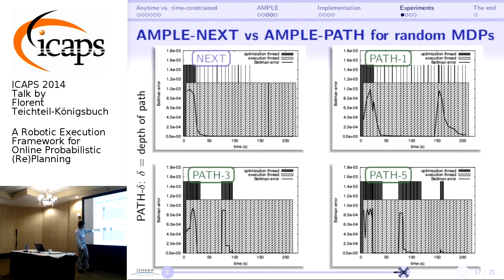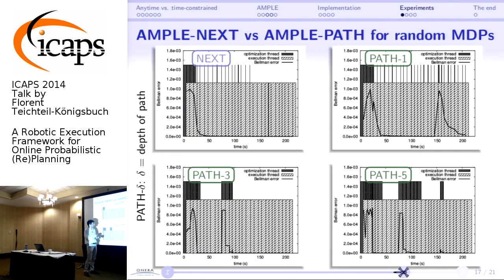Here, the number indicates the depth of the path. For path 1 here, we see that we have to replan again because it was quite short, and the chance of entering a state where no action is available is not 0. You see here that in this state, we have to replan. And when we increase the depth of the path, the chance of replanning augments. Why?